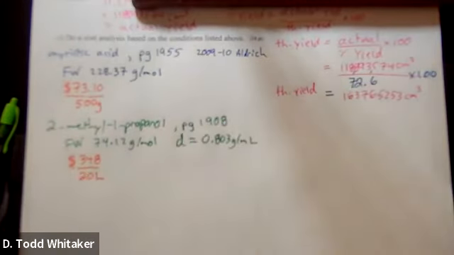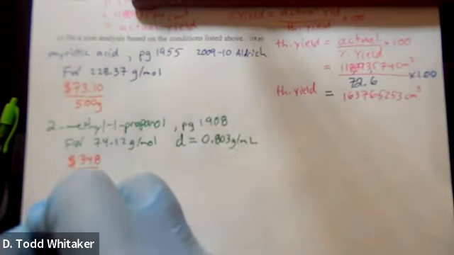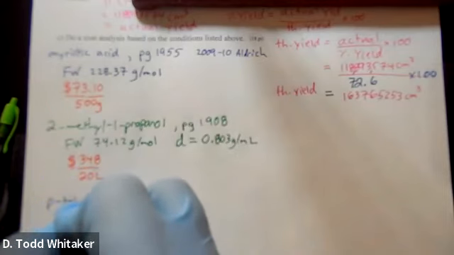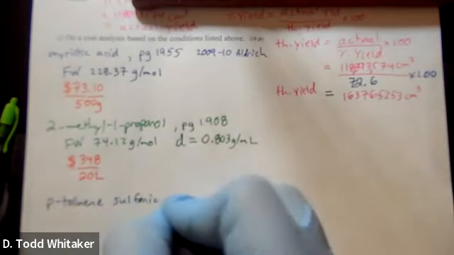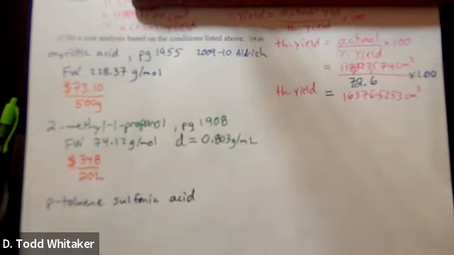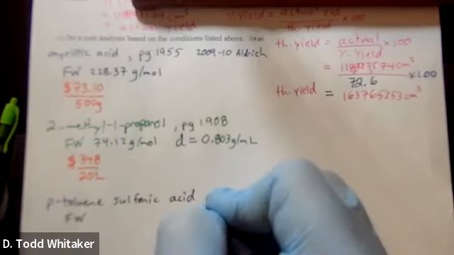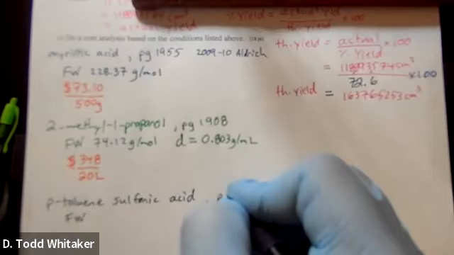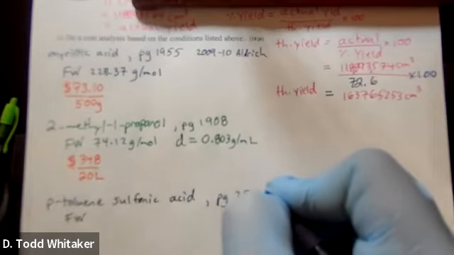And the paratoluene sulfonic acid, I need its formula weight and its page number. 2545.